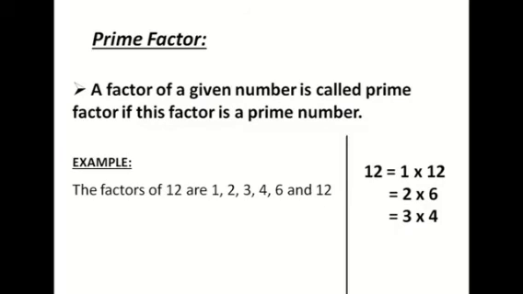So among these factors, the prime factors are 2 and 3, because they are prime numbers. A factor of a given number is called a prime factor if the factor is a prime number. Understood?